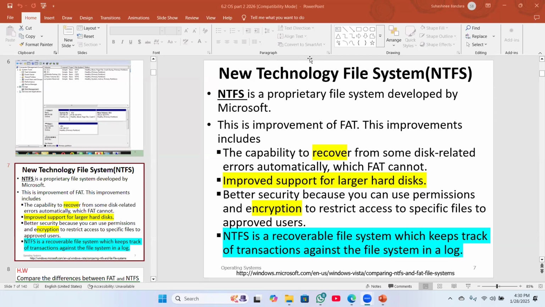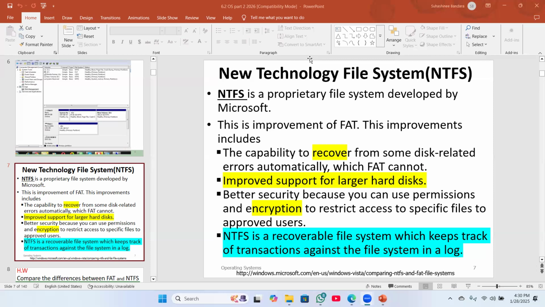This improvement includes the capability to recover from hard disk related errors automatically, which FAT cannot. So FAT files cannot do recovery options, but NTFS has encryption as well as recovery options.